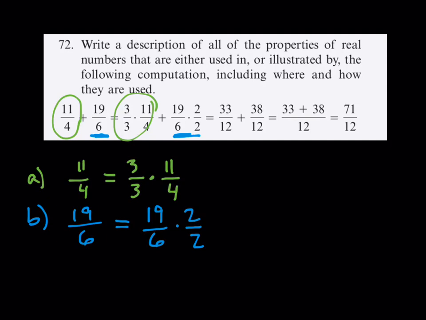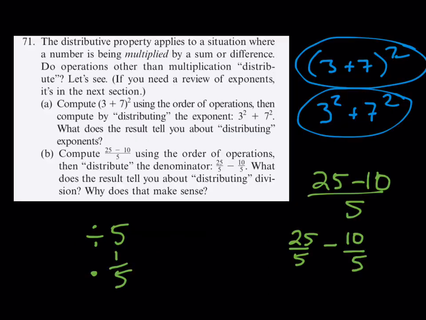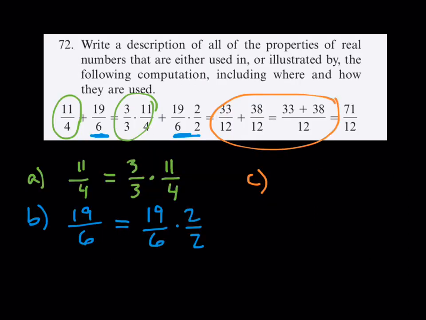And the third thing I see is right here. Right, we have 33 and 38 are each individually divided by 12. And then those two fractions are being added together, so now it's the sum of 33 and 38 that's being divided by 12. Right, so if you look back, if you're able to figure out the previous problem with the two fractions here in 71, that's a good clue for this one.